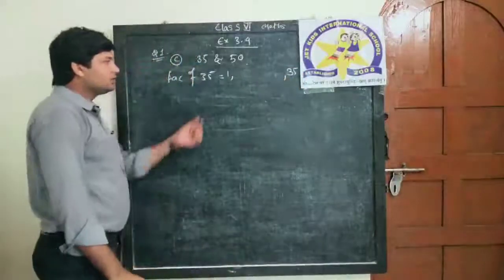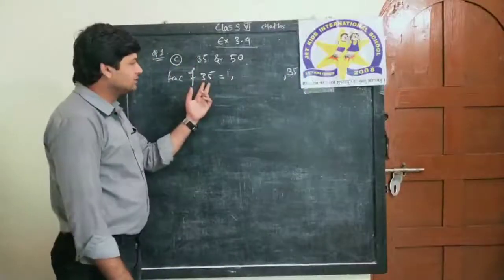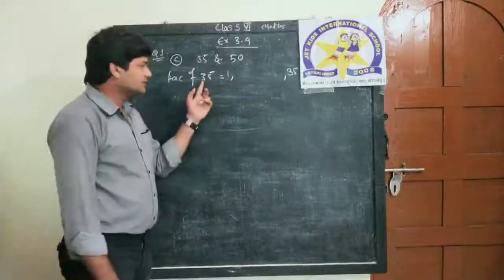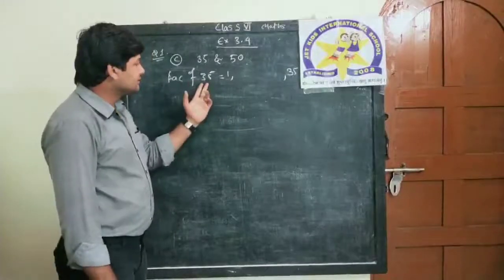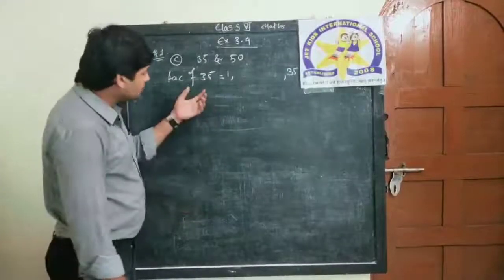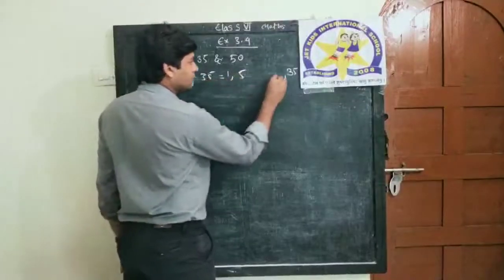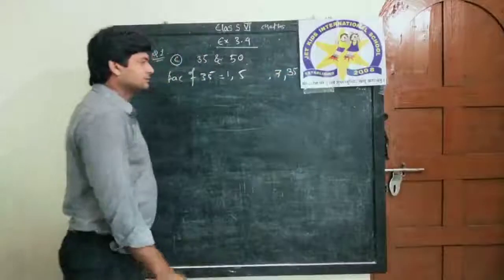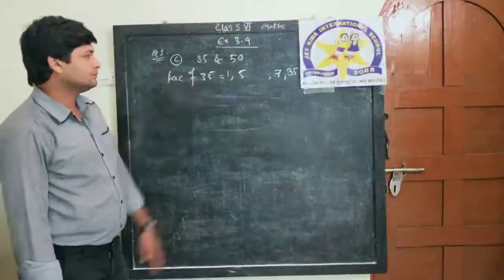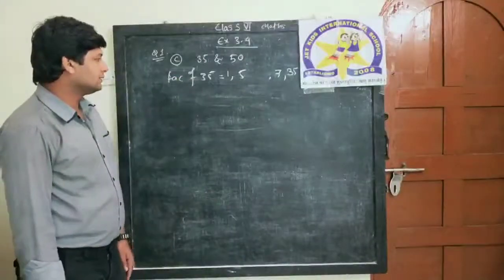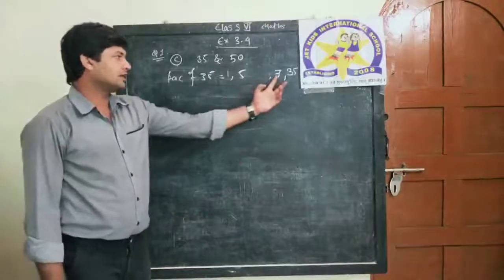Is it divisible by 2? No. Is it divisible by 3? No, 5 plus 3 is 8, and 8 is not divisible. Is it divisible by 4? No. Is it divisible by 5? Yes, 5 sevens are 35. Then no other.